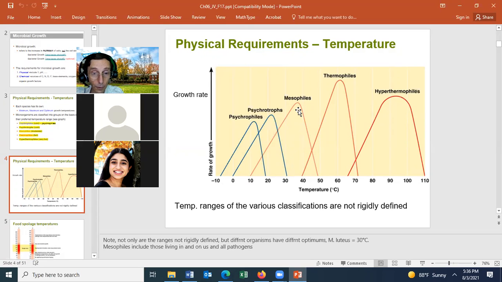All of the human pathogens are classified as mesophiles. That's why they're mesophiles, because they grow best at our body temperature, and that's why they're human pathogens. The psychrophiles cannot grow in us.